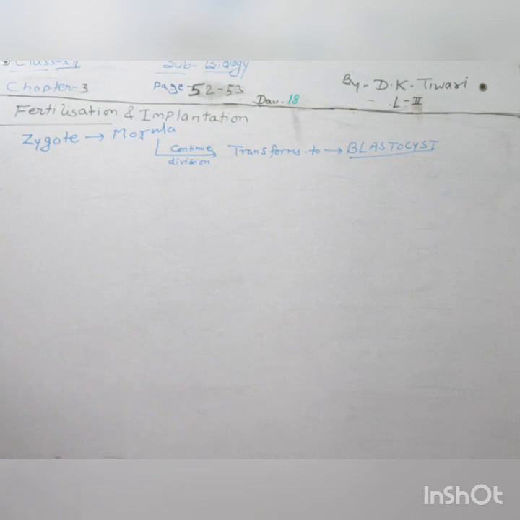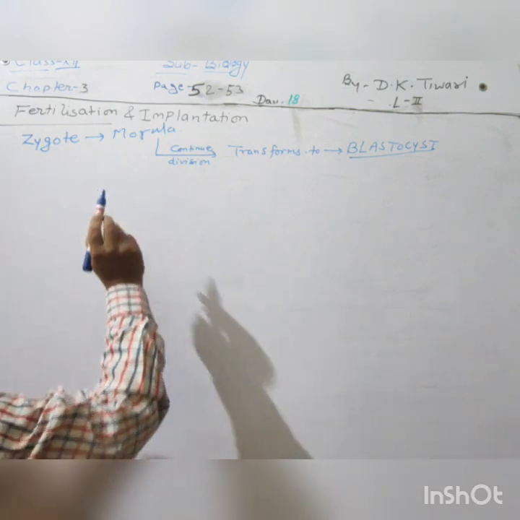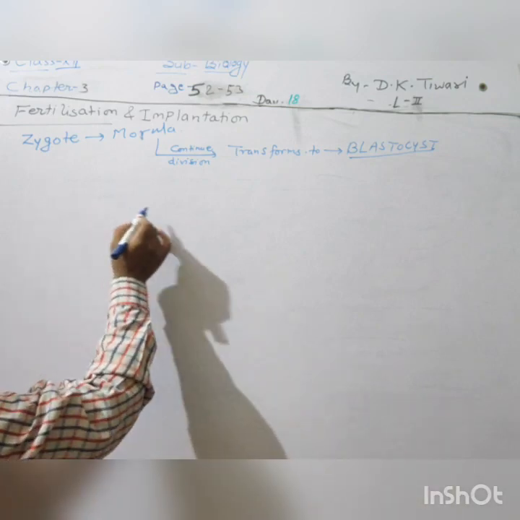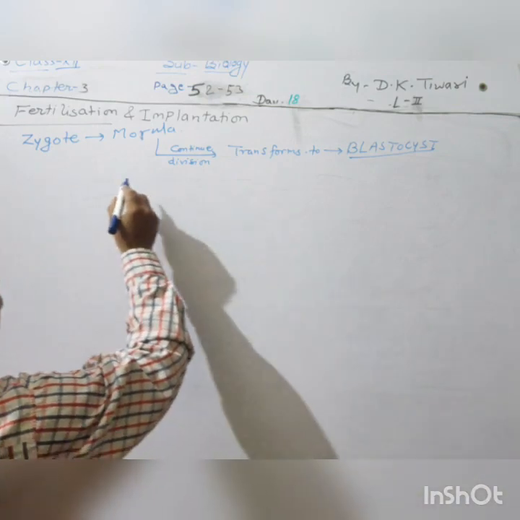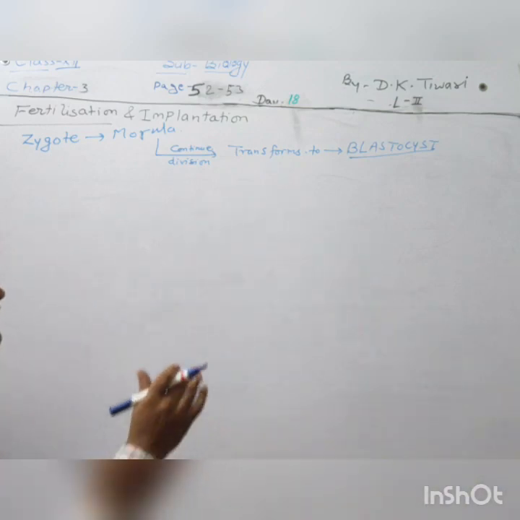So now after the formation of this blastocyst, its movement takes place up to the uterus. Earlier I told you, along with the cleavage, the movement of the structure will take place up to the uterus.